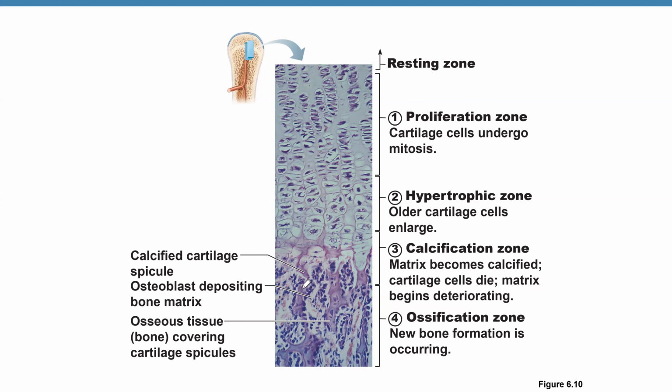Here we have osteoblasts that start depositing bone matrix and secreting osteoid. So that's our ossification zone. New bone formation is occurring in the ossification zone, and that allows bones to grow longer.